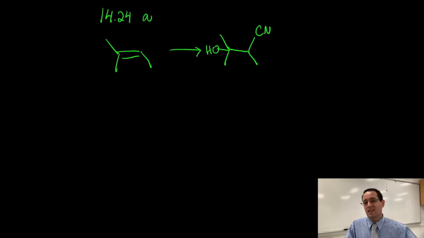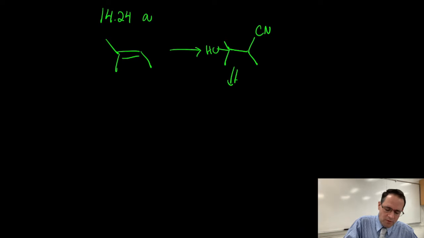Okay, now you want to think backwards through this. Whenever you have an alcohol on one carbon and some kind of group on the adjacent carbon, you can think through the WTF analysis I taught with alcohols and ethers.